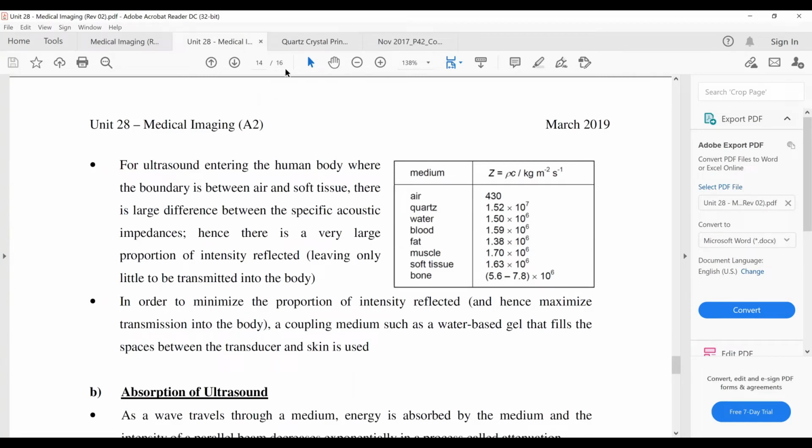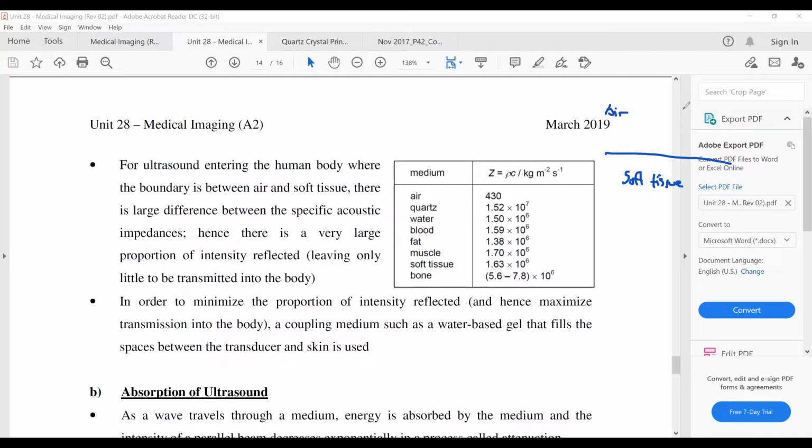Say for example, if you want to scan your human body, maybe you have soft tissue here. This is your soft tissue of your body. You want to scan whatever is inside. This is basically air. All right.